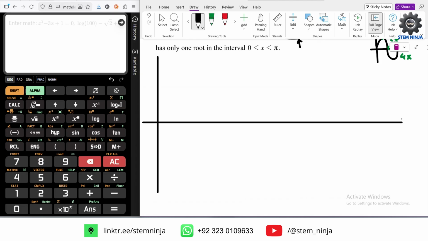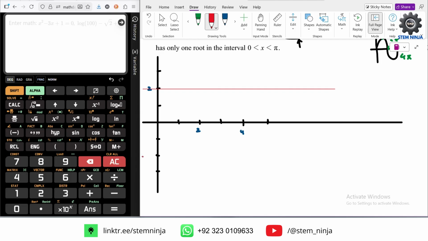This is our x-axis. 1, 2, 3. 1, 2, 3. 1, 2, 3, 4, 5. Okay. So this is 2. This is 2. This is 4.